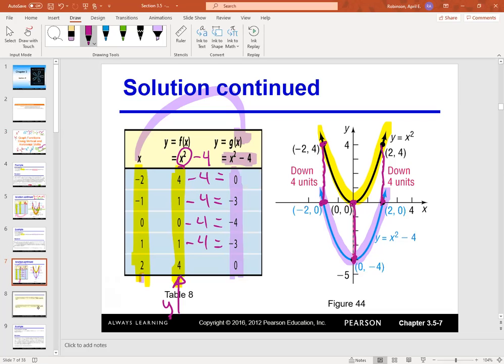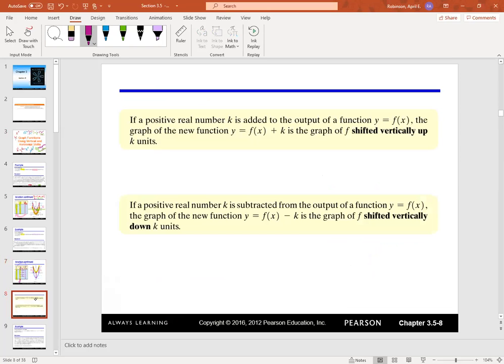And then this slide just gives you the definition of it. If a positive real number k is added to the output of a function f of x, then the graph of the new function f of x plus k is going to be shifted vertically up k units.